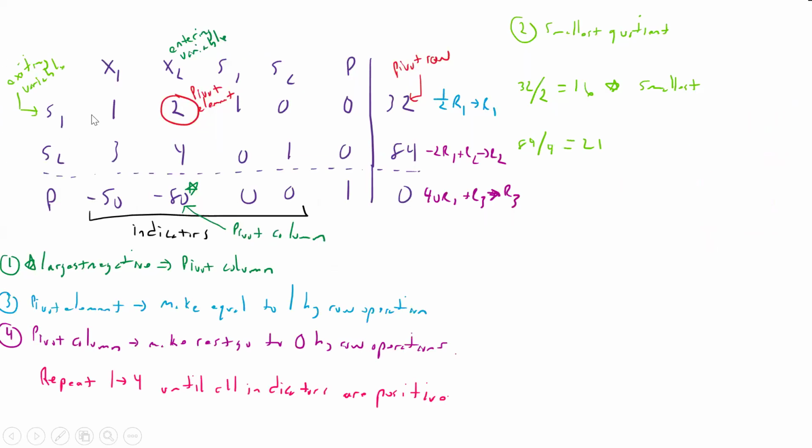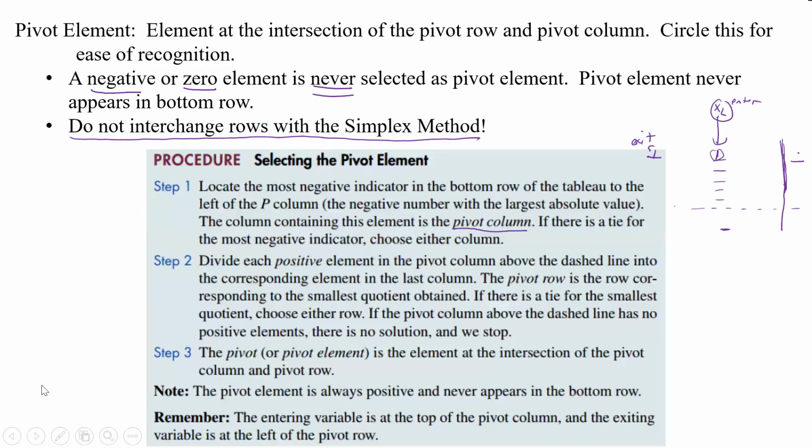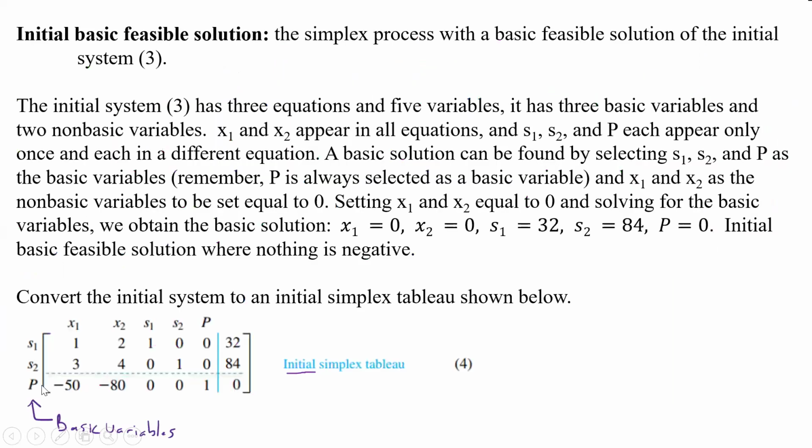And so let's look at what we do. The purple table with the X1, X2, S1, S2, P at the top, and then S1, S2, P, and then a dotted line here and the solid line here. This all comes from our initial tableau. So if we go way back here, that's just our initial tableau. Now, some people leave off these brackets at the end.